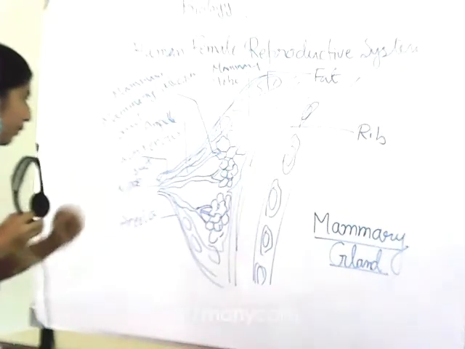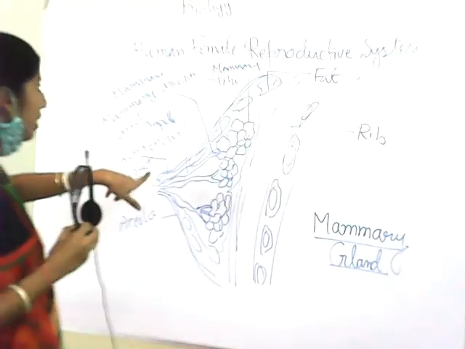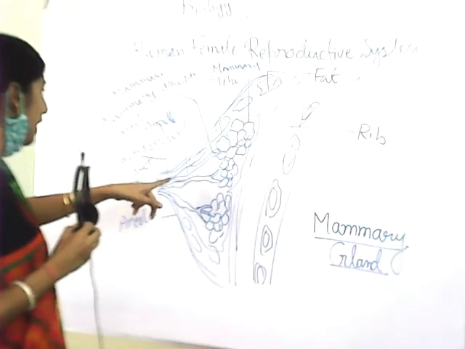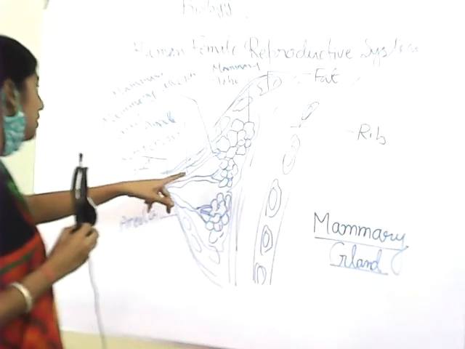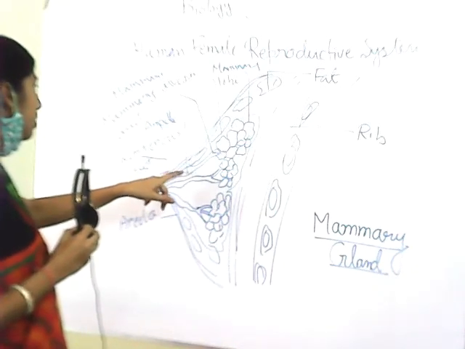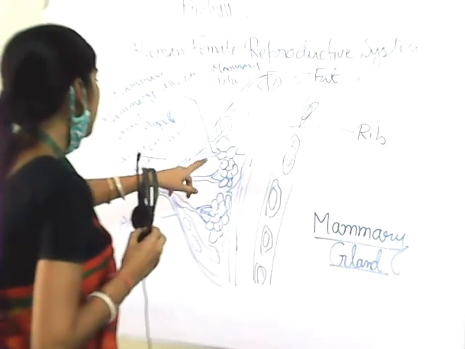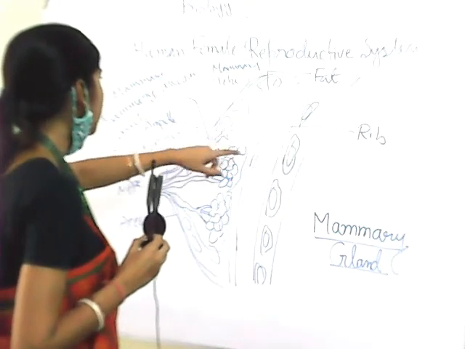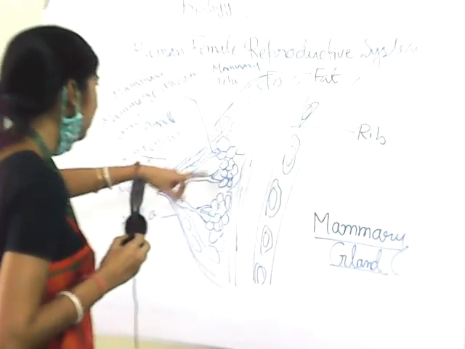Now come to the different glands. This gland is considered as the lacticiferous gland. The lacticiferous gland has a swollen structure which is called the ampulla, and after that you get the mammary duct, and they join some balloon-like structures which are called mammary alveoli, and at the end generally the mammary lobes.